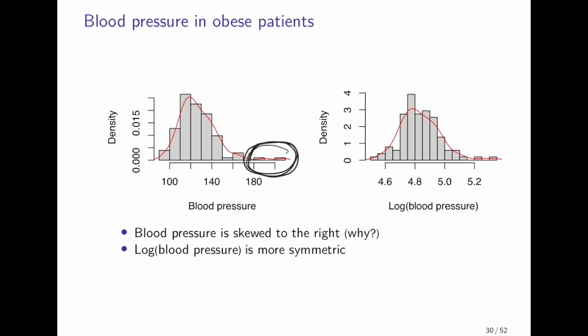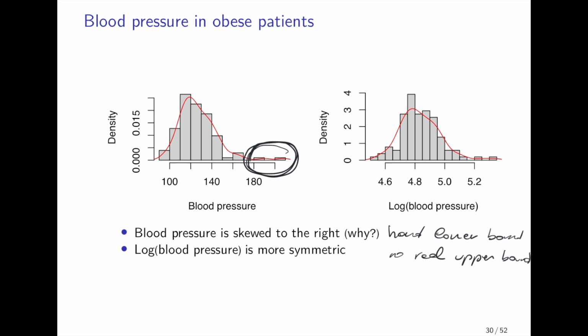So it can be 180, it can be 200 millimeters of mercury. So it has a lower boundary, but no real upper boundary. Hard lower bound and no real upper bound.